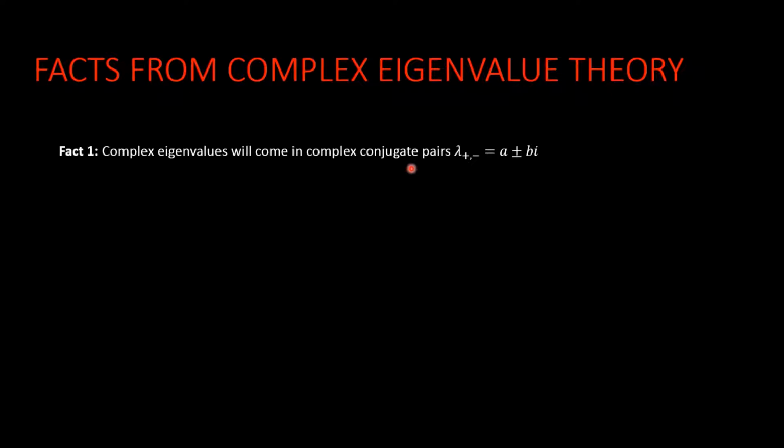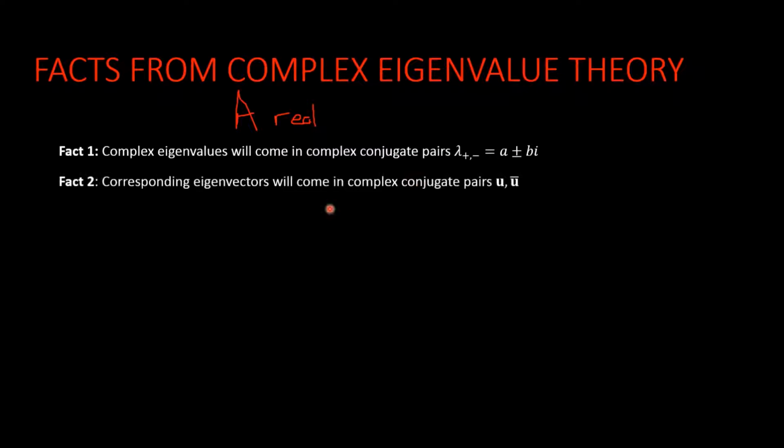I should really emphasize that this is assuming the original matrix in your problem is real. You can often get complex eigenvalues from a real matrix, as you saw in the problem on the previous slide. The point is, if the matrix is real, its complex eigenvalues will come in complex conjugate pairs.